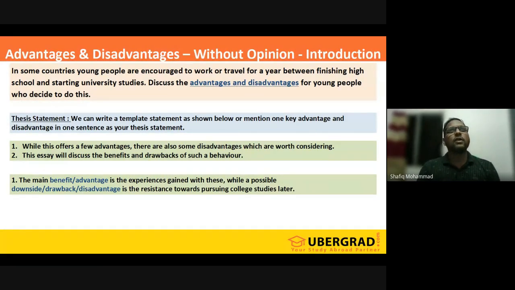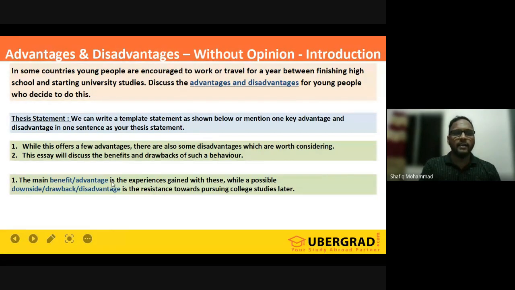They would think, okay, when people are working and enjoying their life, why should I again waste another 2 or 3 years in studies? I just want to work and enjoy like others. So that is what he's saying: resistance towards pursuing college studies later. So you can also avoid this if you want to.